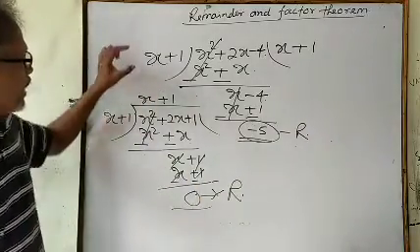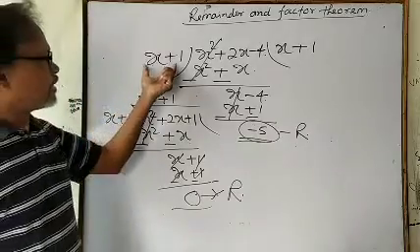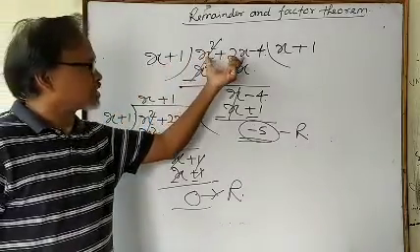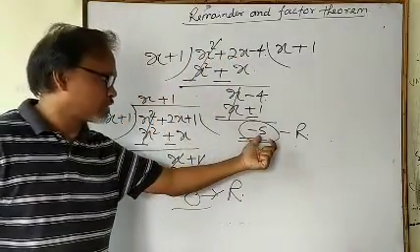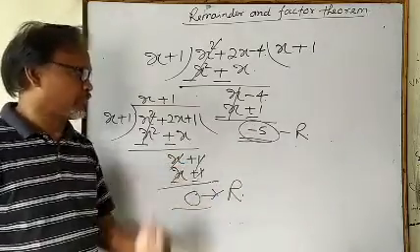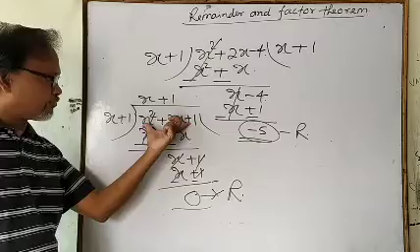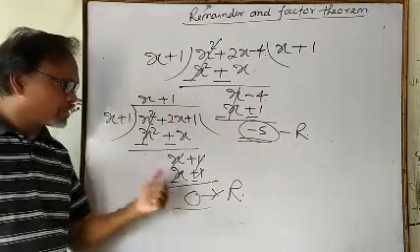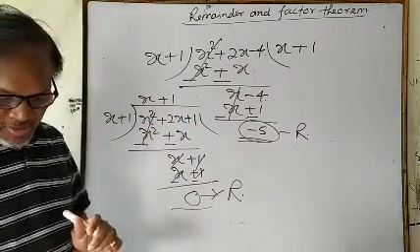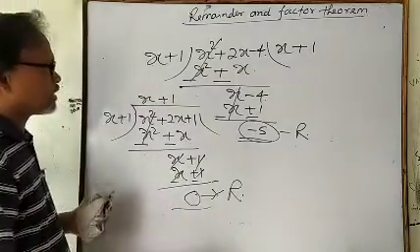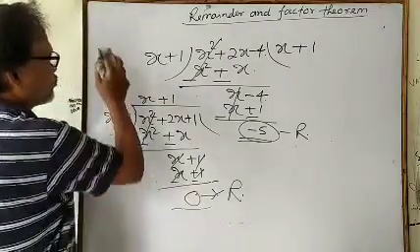It means x plus 1 is not a factor of the first one, because remainder is not 0, it is minus 5. But here x plus 1 is a factor of this because remainder is 0. So this is the difference between the remainder and the factor theorem.